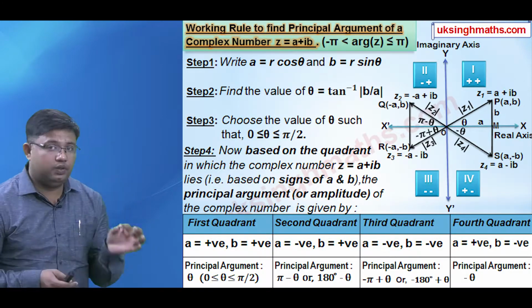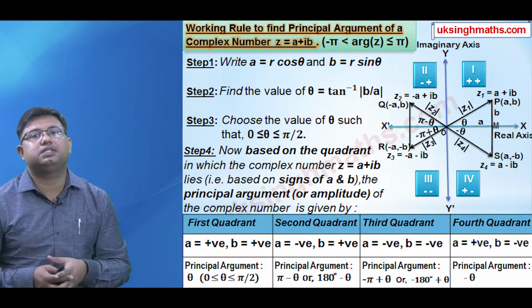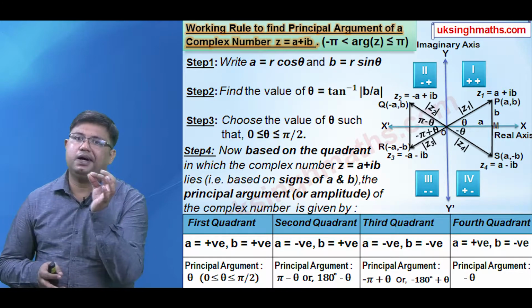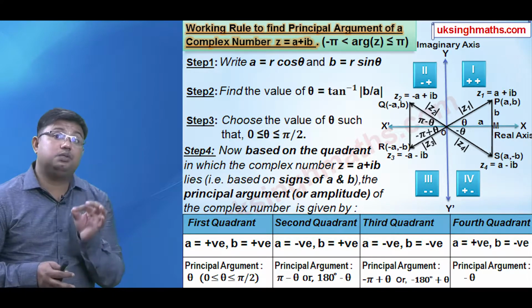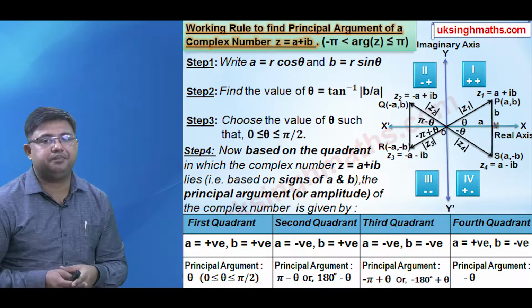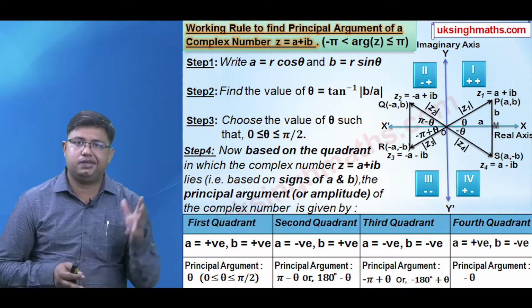Now let us see the working rule to find the principal argument of the complex number z equal to a plus ib through the second convention, in which the value of argument is allowed to vary between minus pi to pi, excluding the value of minus pi. The algorithm is almost the same as we have studied in convention 1.